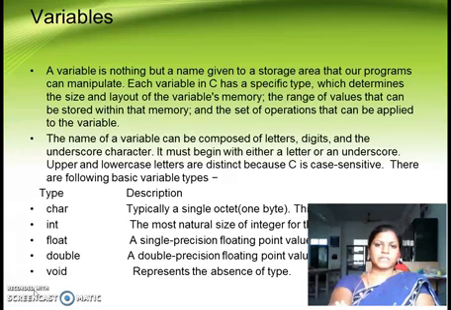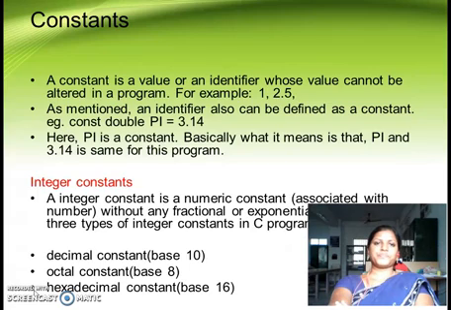A character is a single byte. Integer is the most natural size of integer for the machine. Float is a single precision floating point value. Double is a double precision floating point value. And void represents the absence of type.